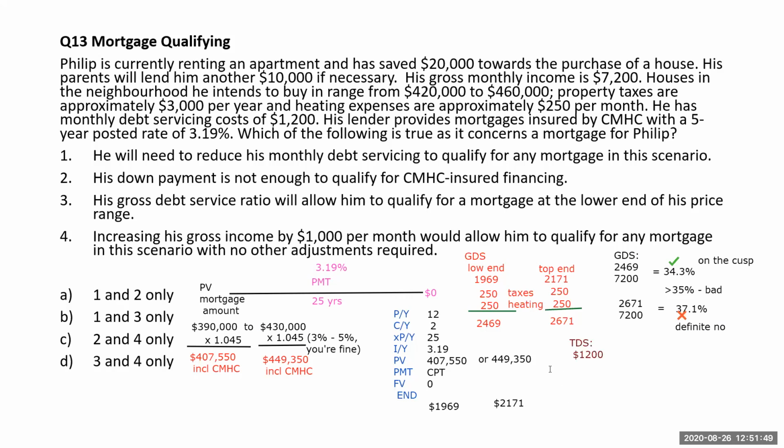So again, TDS at the low end is going to be then 3669 out of 7,200. And at the high end, we're going to get an even bigger problem here, right? We're going to be 3,871 out of 7,200.